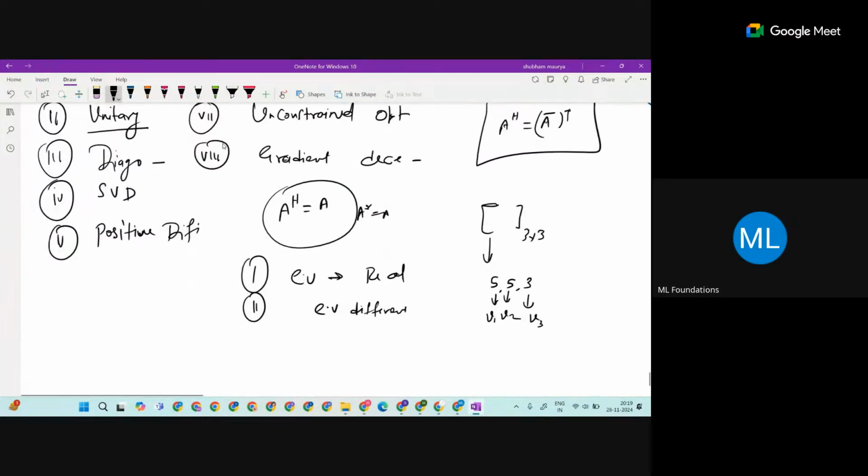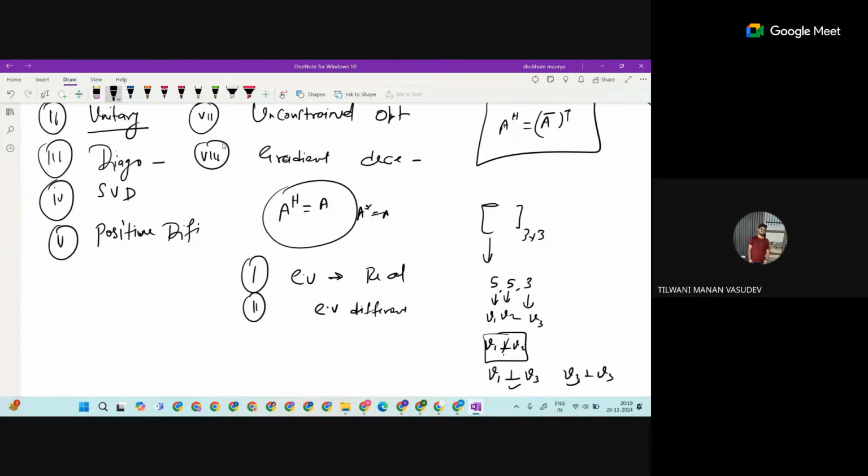In this case, v1 and v2 are not necessarily going to be perpendicular to each other, meaning orthogonal. But it is sure that v1 is orthogonal to v3 and also v2 is orthogonal to v3. This should be there, but the other may not be.